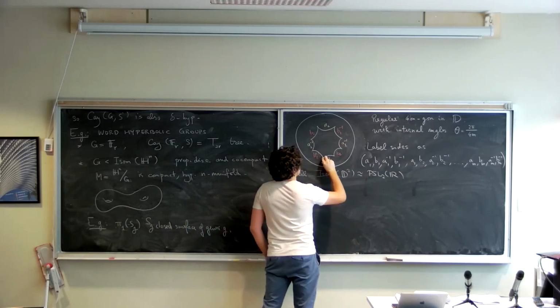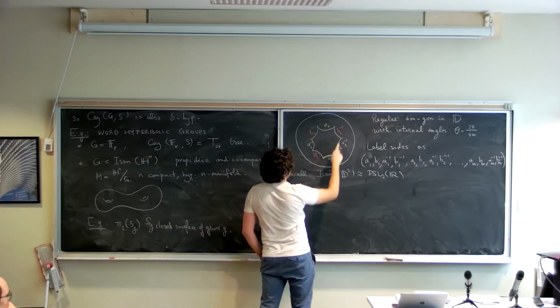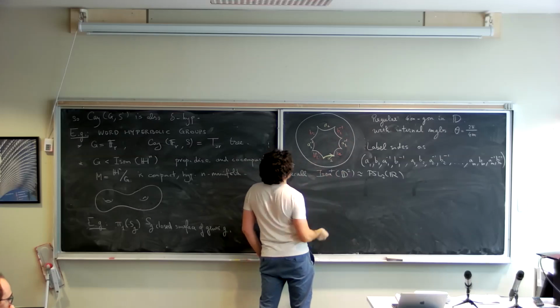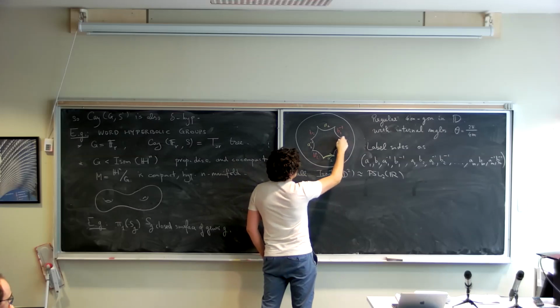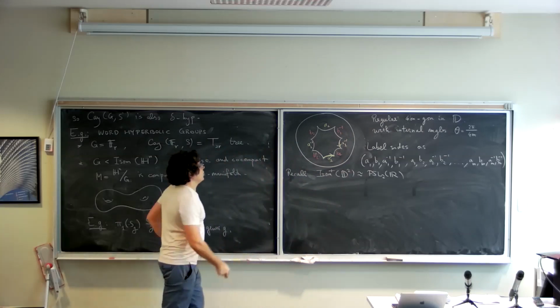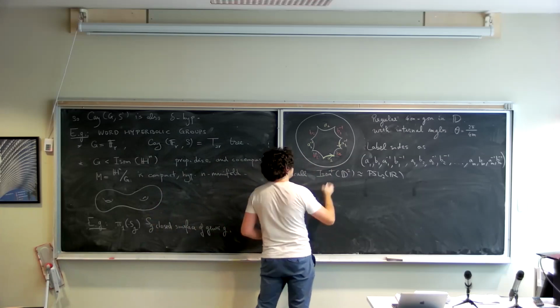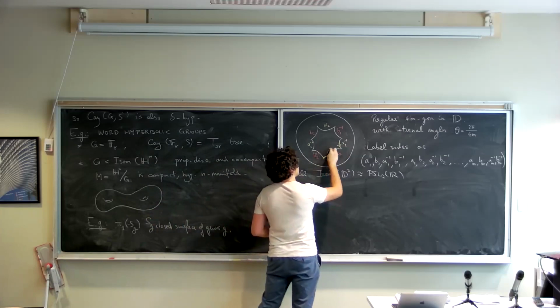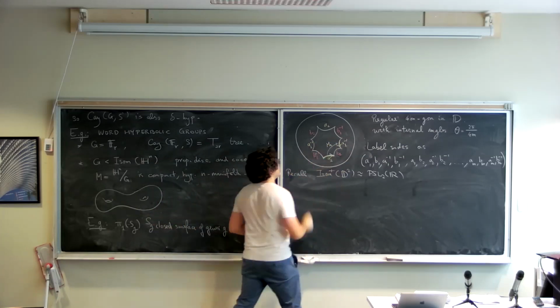We assume that the sides where there is no inverse have counterclockwise orientation. So this side has this orientation. This side has inverse, so it has the opposite orientation. So there is a matrix that maps this side to this one. So there is a matrix M(A1).